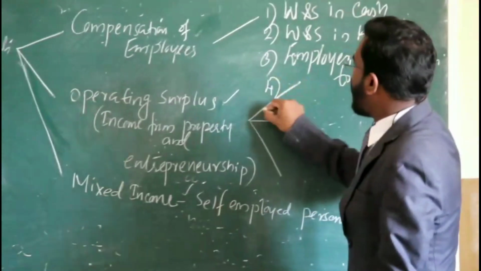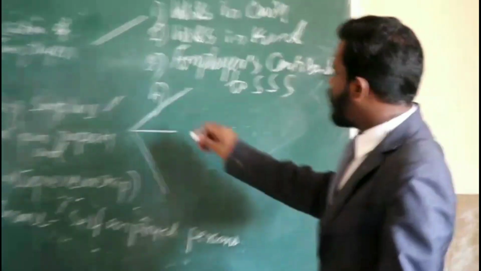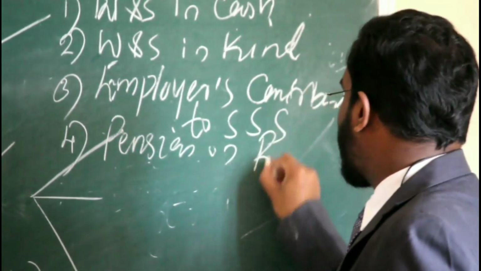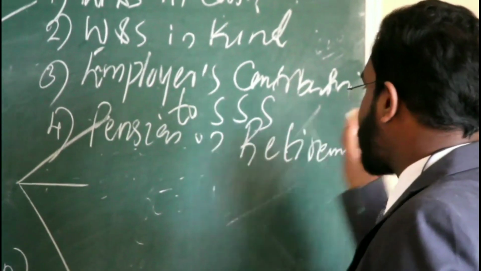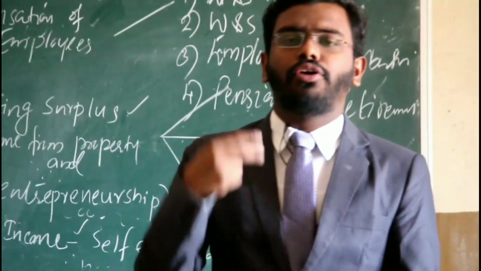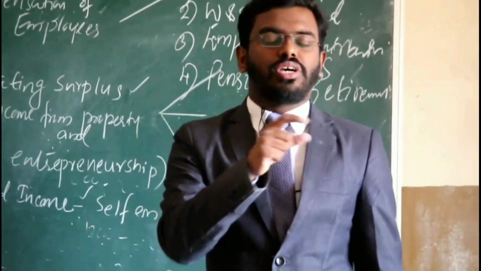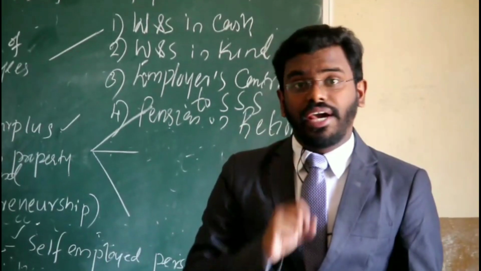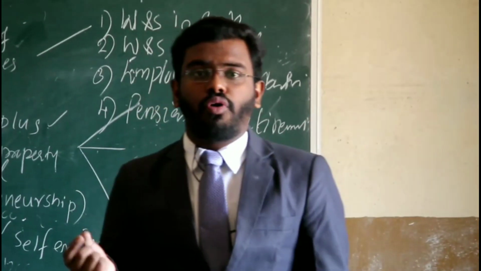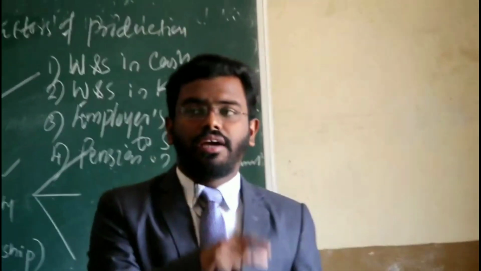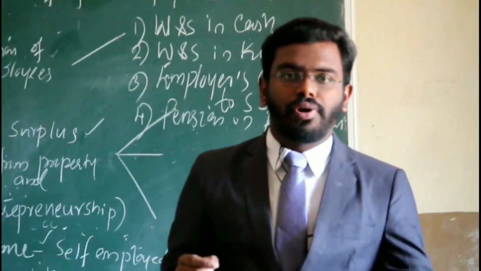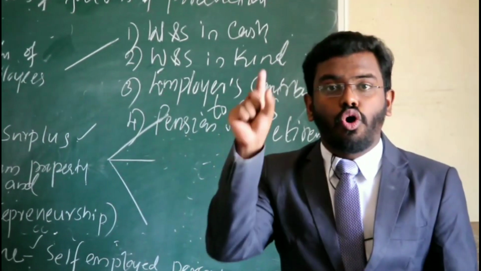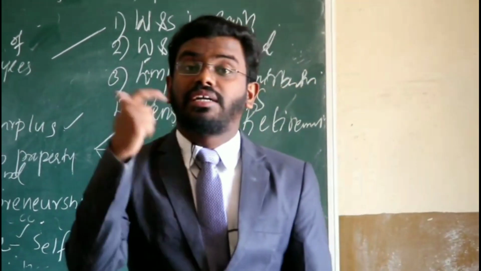Next, the fourth element of compensation of employees, pension on retirement. After the retirement of a particular employee, the employer will provide some pension. That is also a part of compensation of employees. Keep in mind, old age pension is different. That is the pension given by the government to old age people, so we will not consider it in the calculation of national income, because old age pension is transfer income.